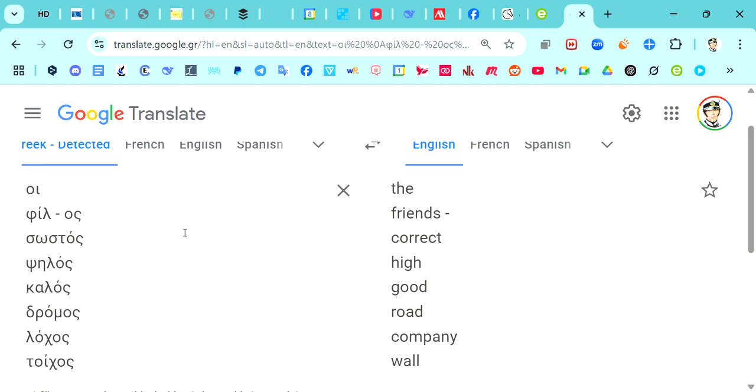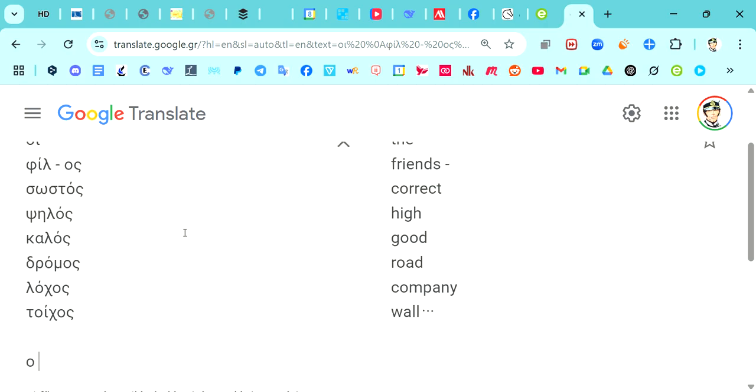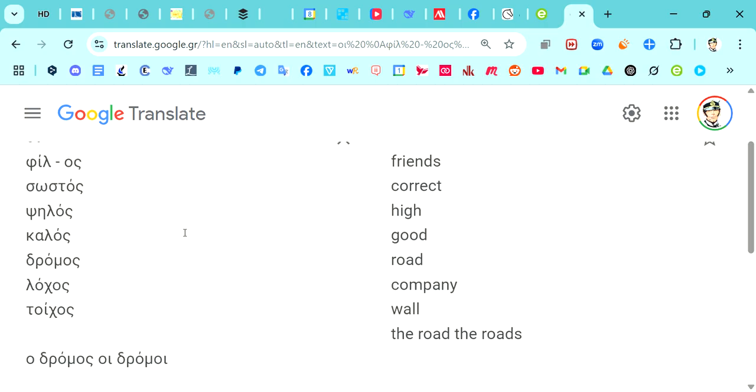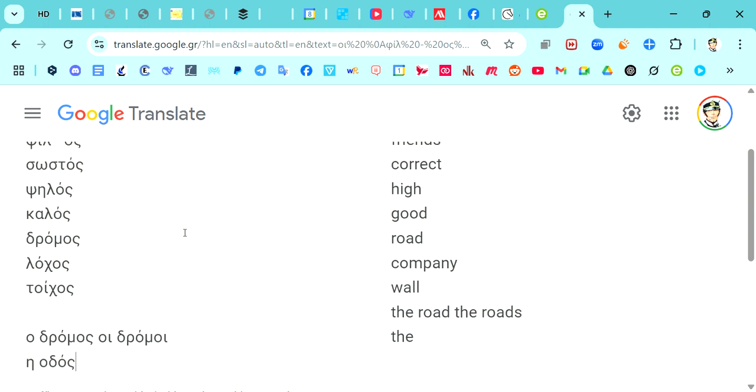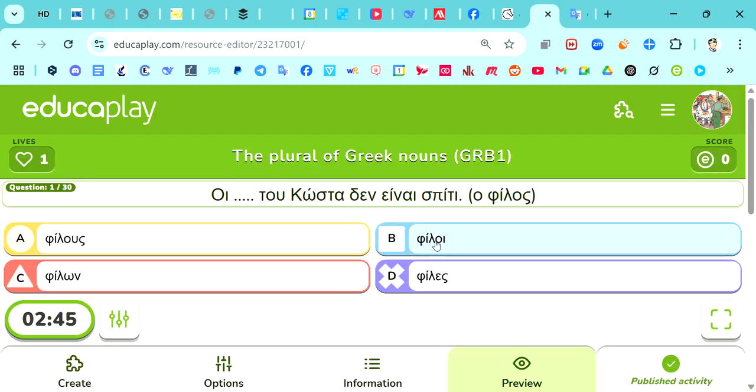These words form the nominative plural in omicron iota, so it would be ο δρόμος, οι δρόμοι. One thing I want to mention quickly is that if you have a feminine word with the same ending, it follows the same rule. For instance, η οδός becomes οι οδοί, again the same ending. So by this logic, I choose φίλοι here.